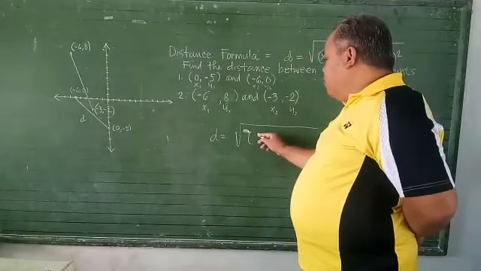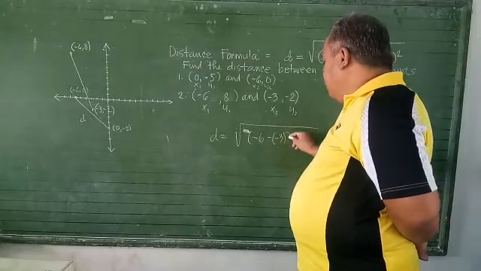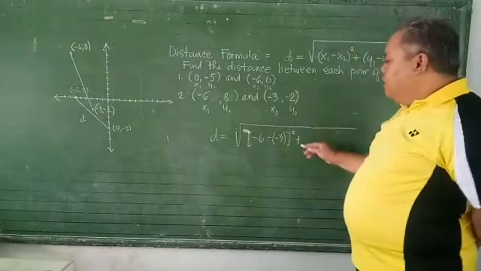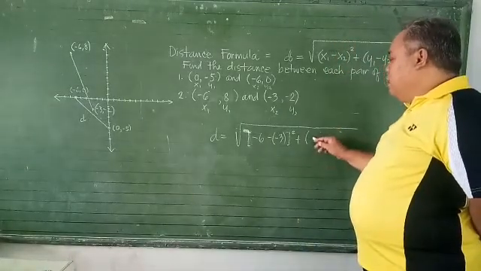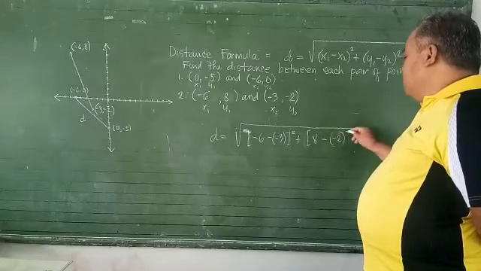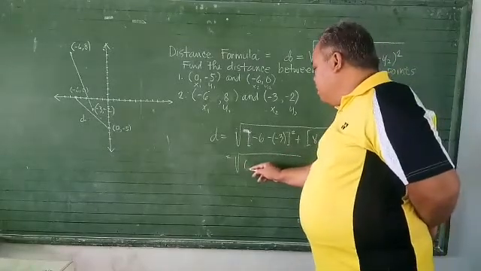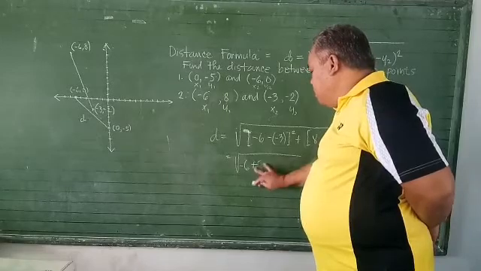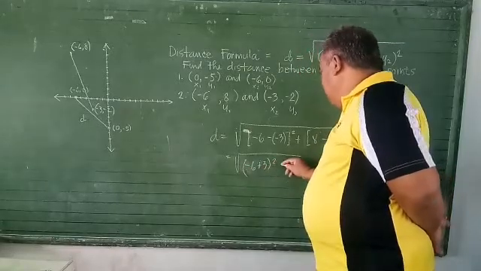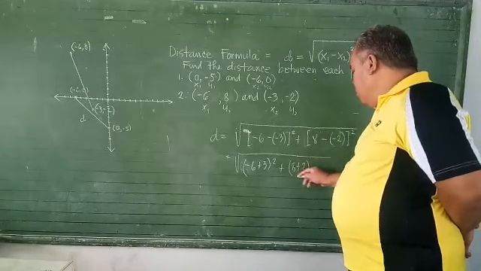the quantity x sub 1, which is negative 6, minus negative 3, squared, plus y sub 1, which is 8, minus negative 2, squared. This becomes negative 6 plus 3 squared, plus 8 plus 2 squared.